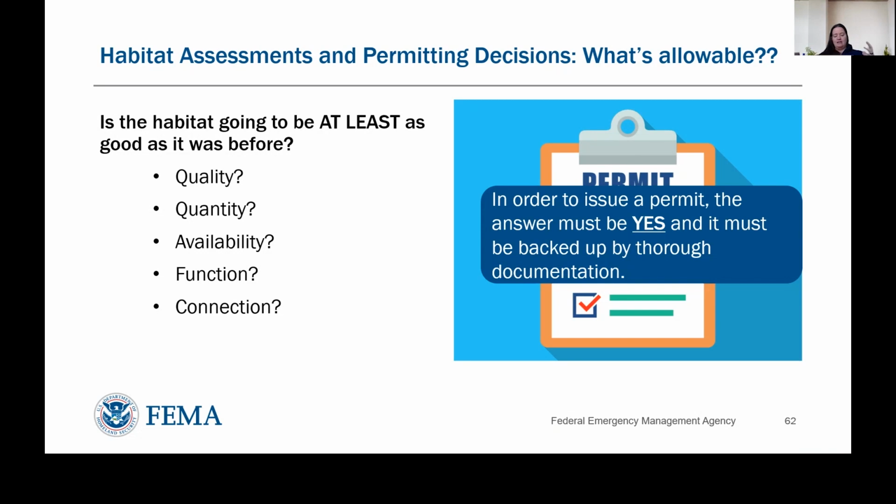A way that I like to think about this is, if you've got 3 houses, and they're all in pretty poor condition, if you raze those 3 houses, get rid of them, and put 2 houses back that are really nice, yeah, you've got better quality habitat, right? But you only have room for 2 families, whereas before you had room for 3, right?